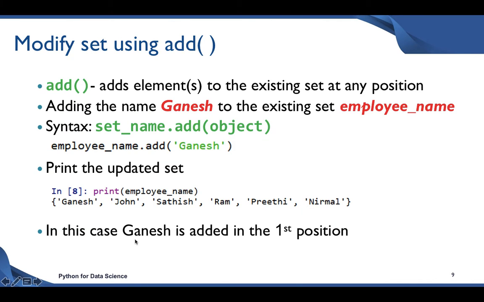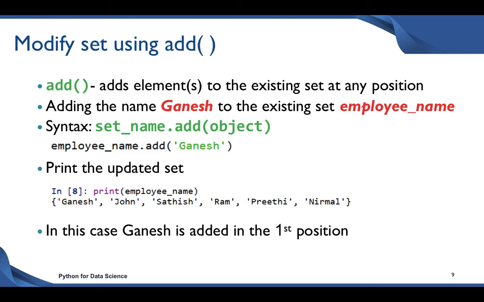Okay. Now, as we have already discussed, set is mutable. If it is mutable, we can do add, discard, delete operations to modify some of its elements, so we can easily do it, right? So add is a method which adds the element to the existing set at any position.